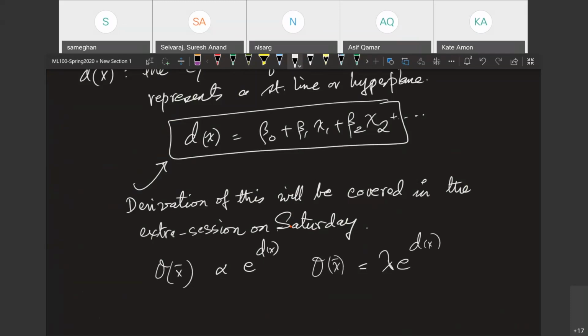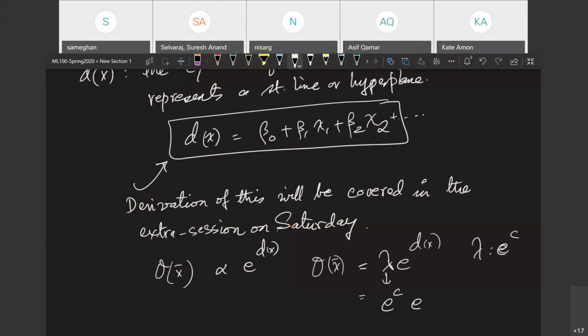Yeah. And now I can write lambda as exponentiation of some other constant. Let me call it some constant c. I can write lambda as e to the c, some proportionality constant.